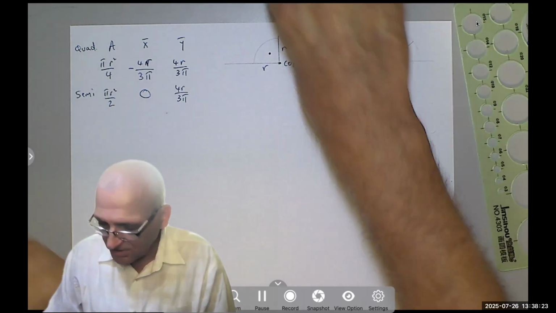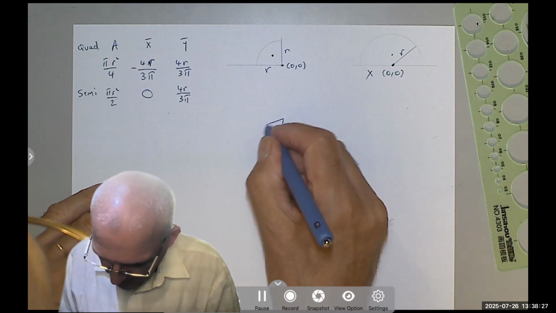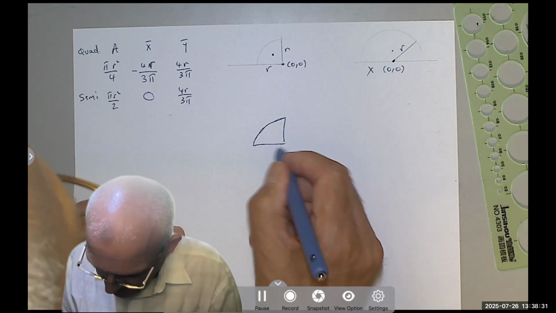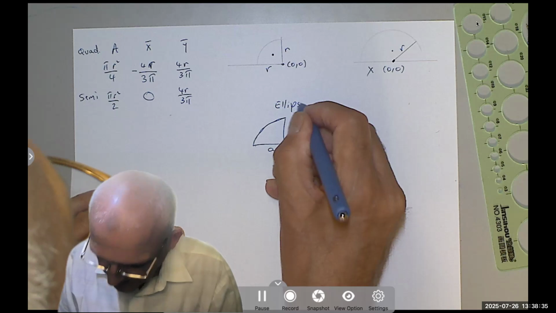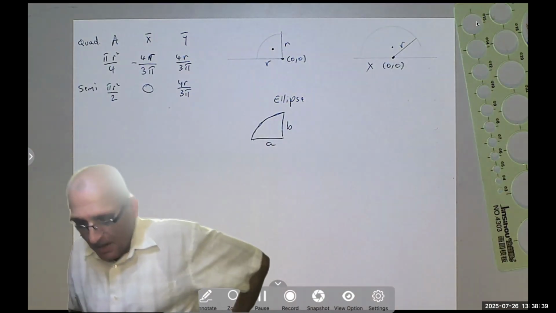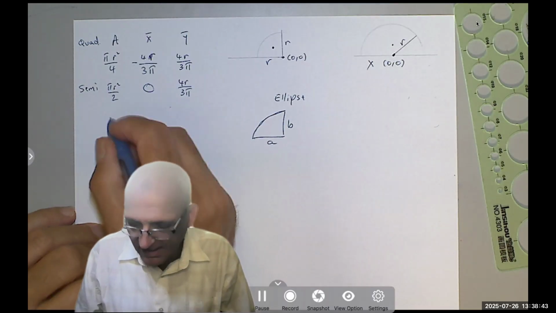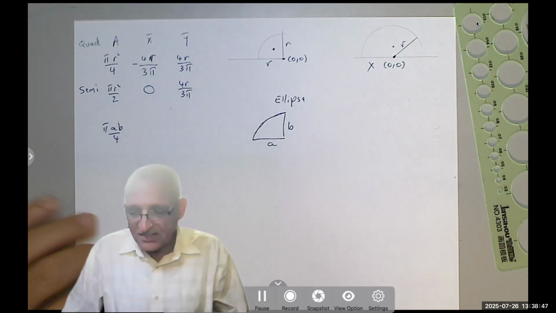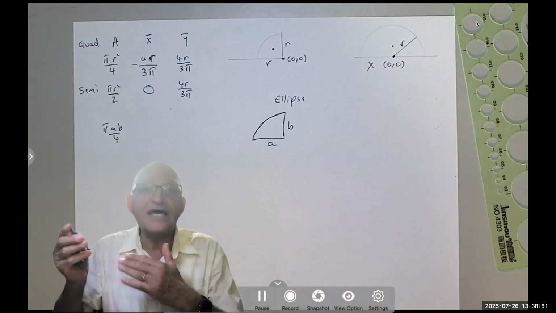So let's say, if that was a quarter of an ellipse, and let's say this is A, this is B, and that's an ellipse. Well, I should have drawn it the other side, so both would be positive, but it's very similar, okay? So the area would be pi AB over 4, because a circle is a special case of an ellipse where both axes are equal.